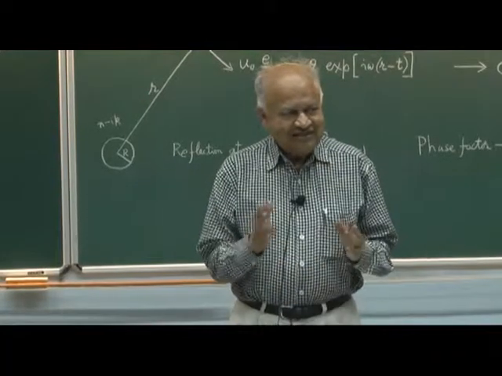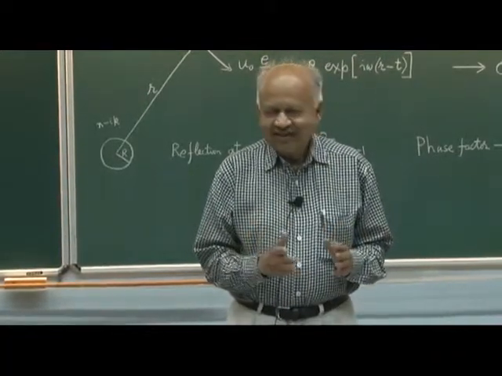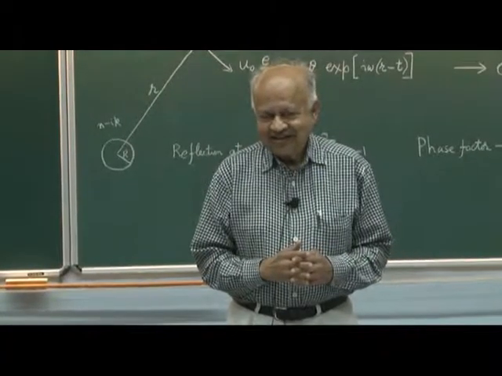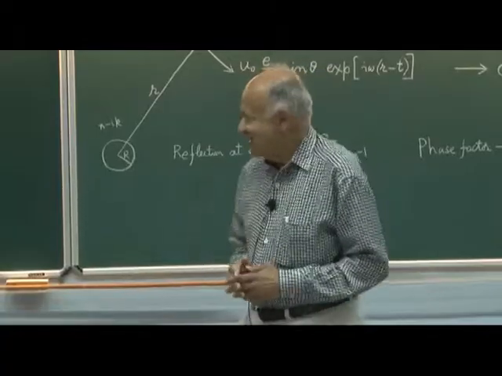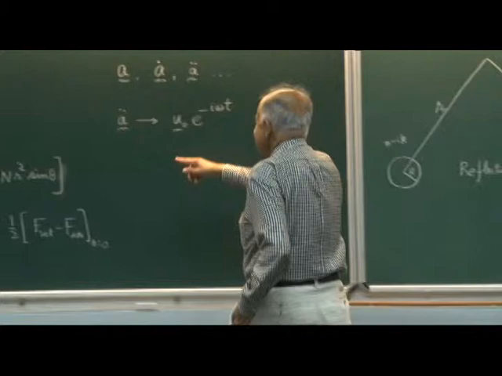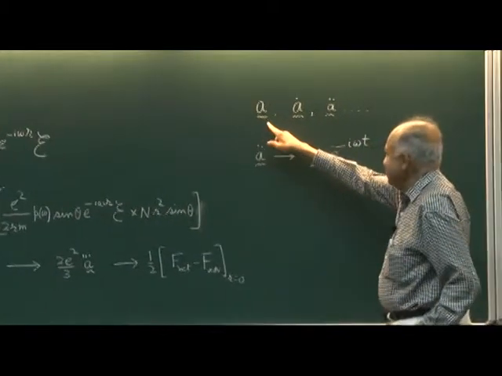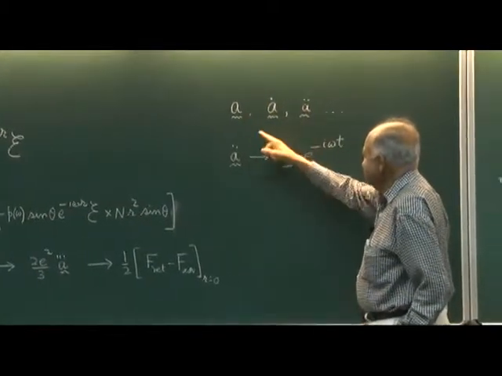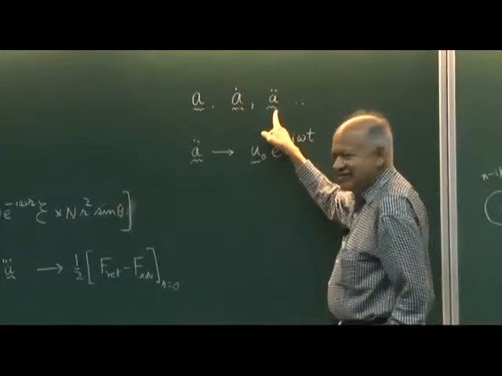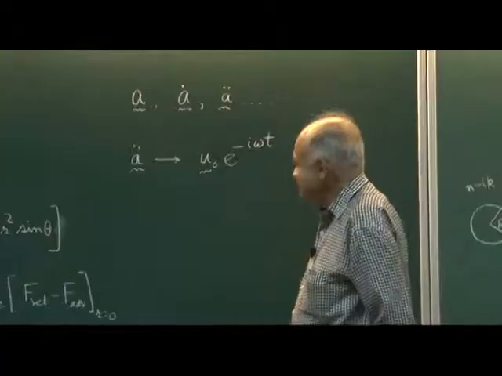So, the effect that you are looking for, you can verify by taking a general kind of problem in which you have an accelerated charge, with position a, velocity a dot, acceleration a double dot, like that.